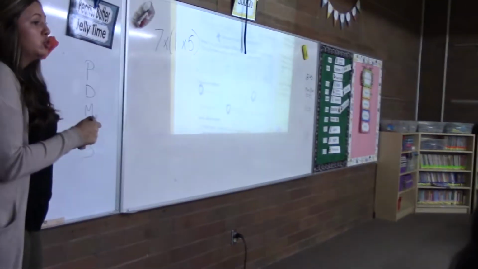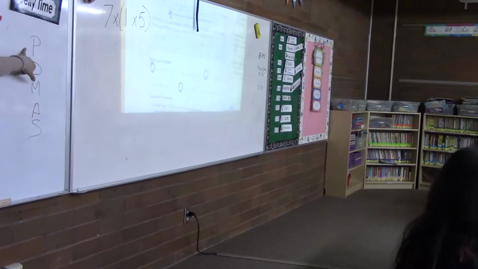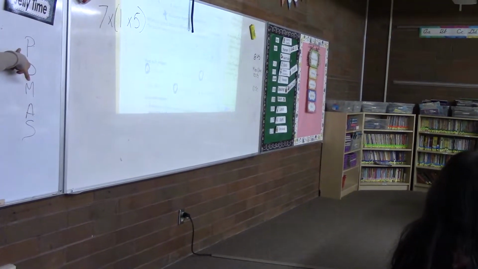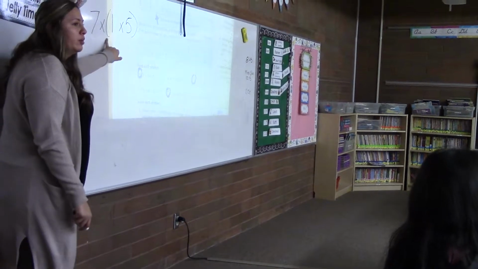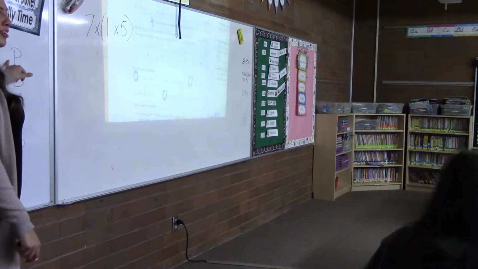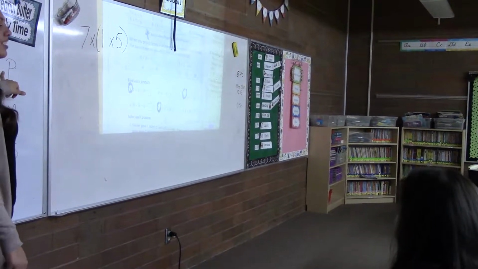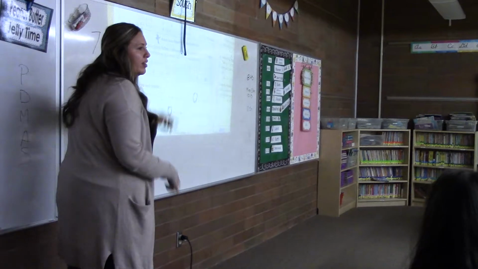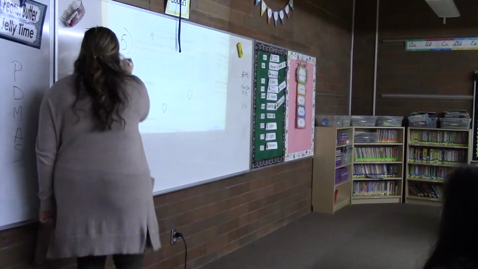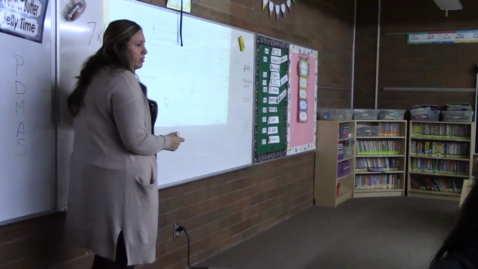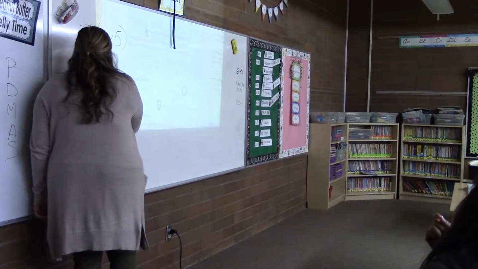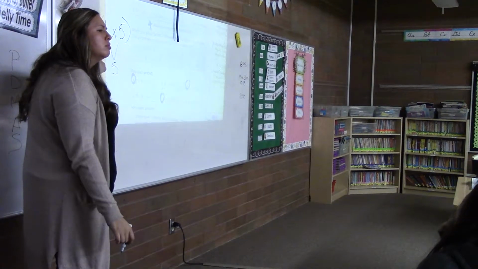So do we see parentheses up there, Mari? Yeah. I think we do. So is that where we need to start first? Okay. So what's 1 times 5? That's our upside down math mountain. We still have another number.